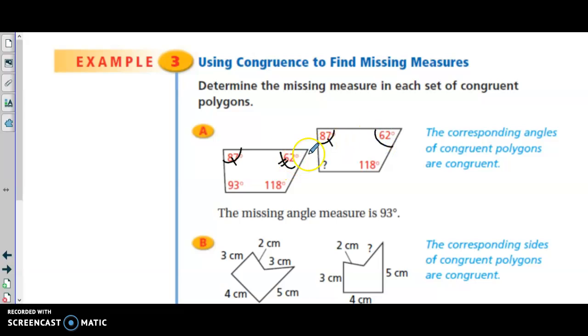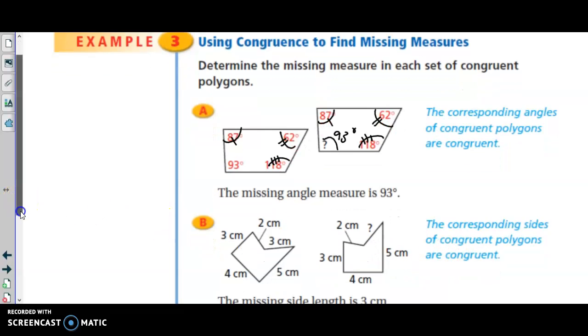This angle of this trapezoid corresponds with this angle over here, and they are congruent because they measure the same. And therefore the missing one would be 93 degrees. So that's how you can use corresponding angles in congruence of polygons to find missing measurements.